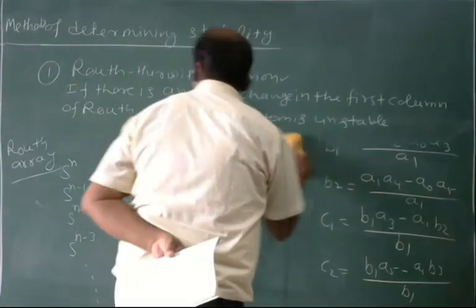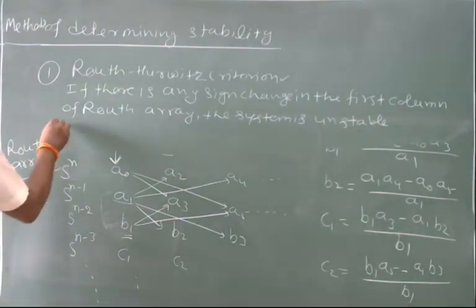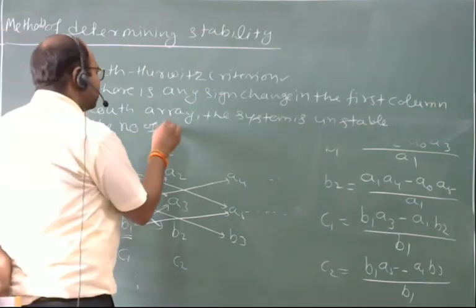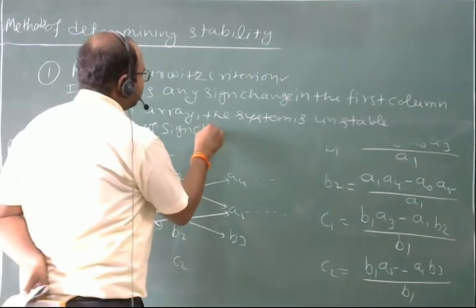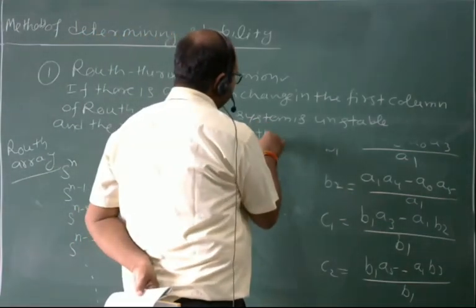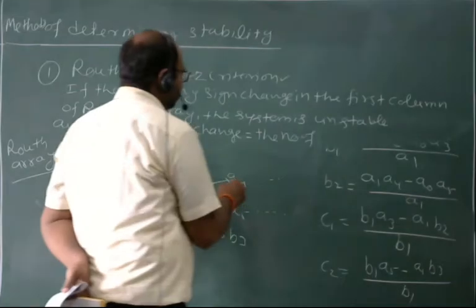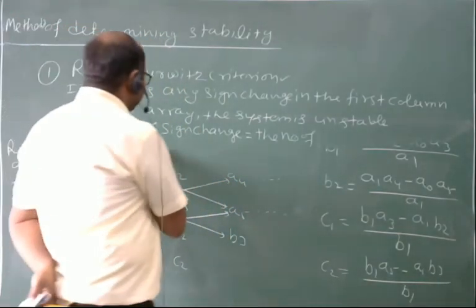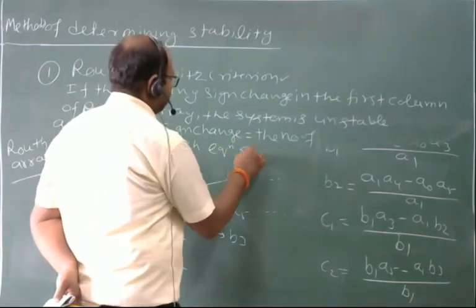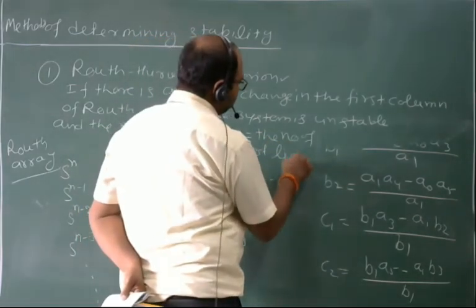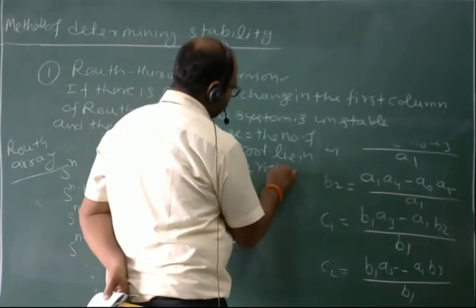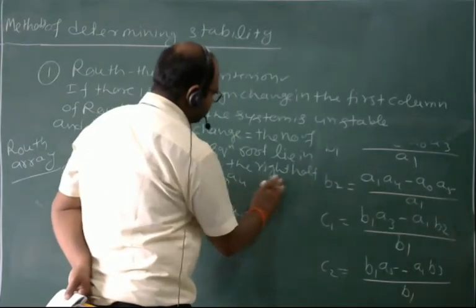And one more observation is given here, that the number of sign changes is equal to the number of characteristic equation roots that lie in the right half of S plane.